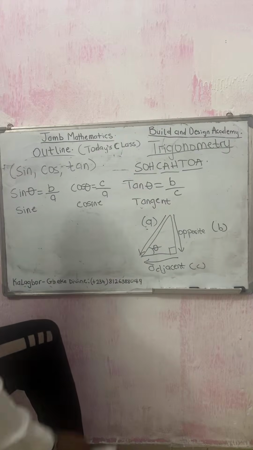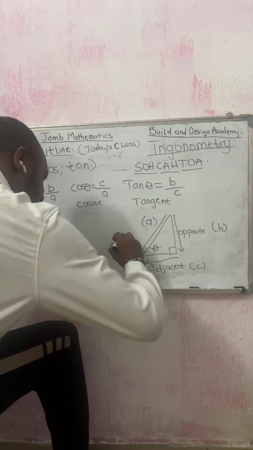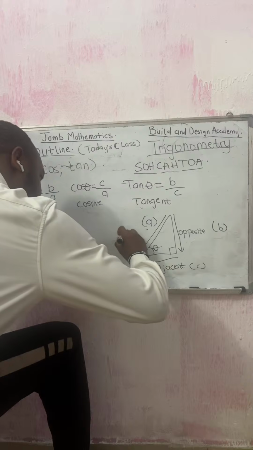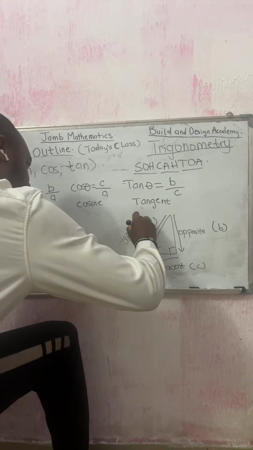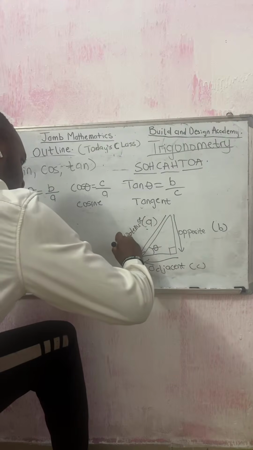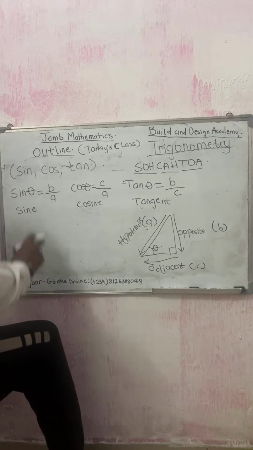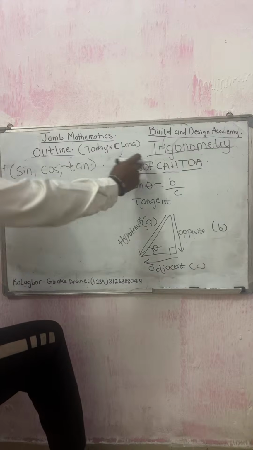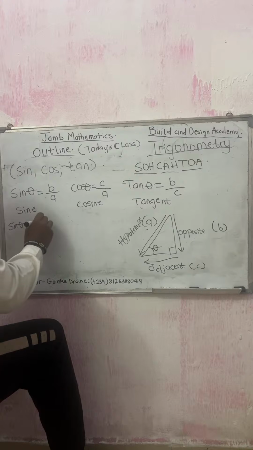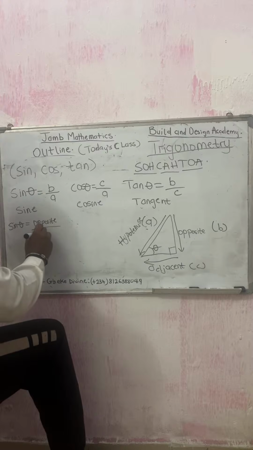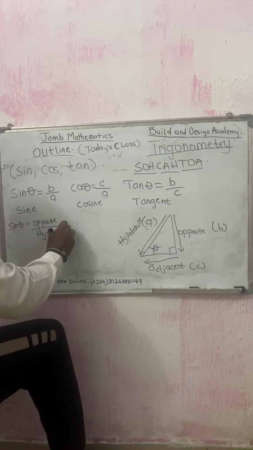Okay. Let me write it again. Hypotenuse. Now, this B over A is what? Sin theta is what? Opposite over what? Hypotenuse.